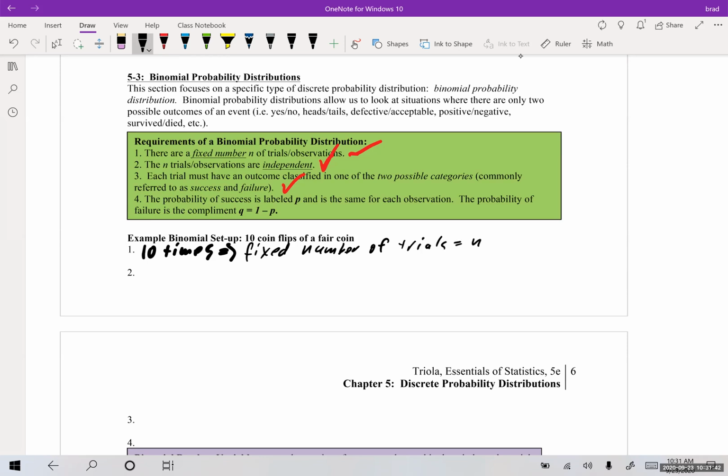And that equals n, which we know is 10. They're independent because one flip does not affect the next flip's probability.